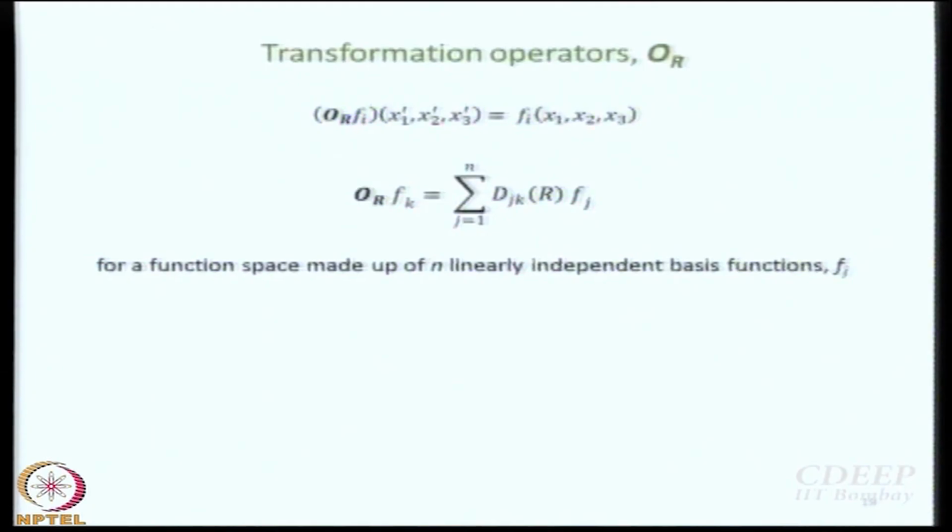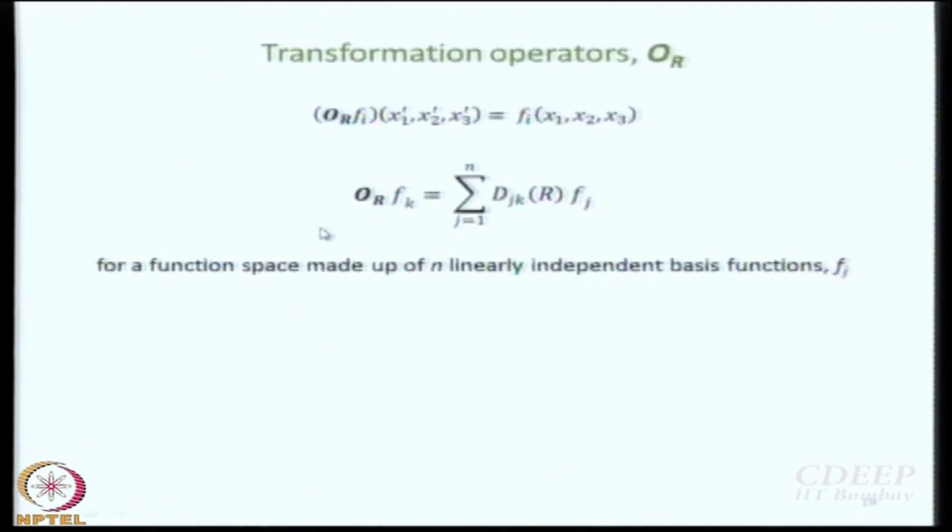You have already seen a relationship like this, right. We had written it earlier, E dashed. What is E dashed? E1 dashed is nothing but OR E1, transformed basis vector. And here we are talking about linearly independent basis functions like your E1, E2, E3. So, we just write that earlier equation in a different form.